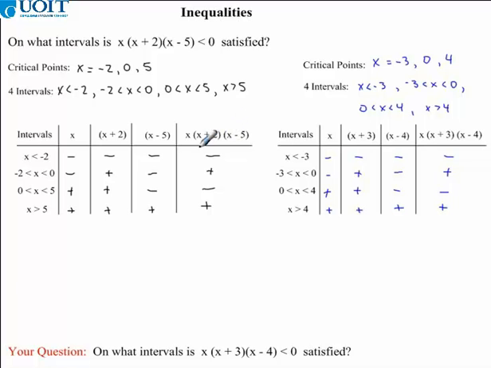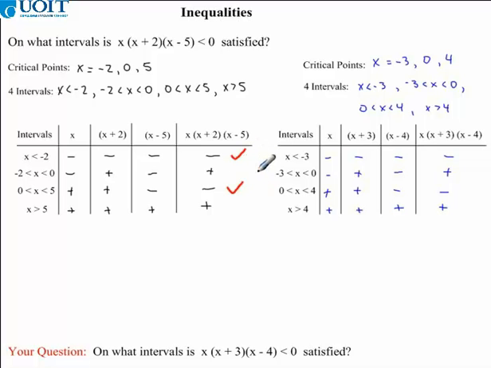And we realize that when we have a value of x less than negative 2, we had a negative answer. So this is one of our intervals for x. As well, looking at our third row, we also got a negative answer for our left-hand side of our inequality when x was within the range of 0 and 5. So this is also a solution for our question.